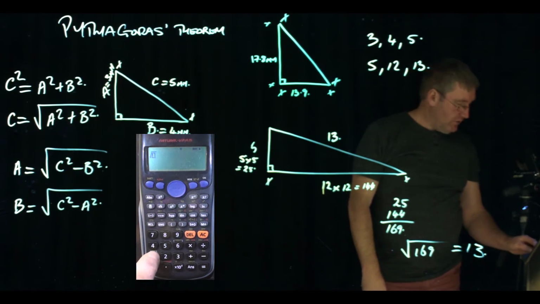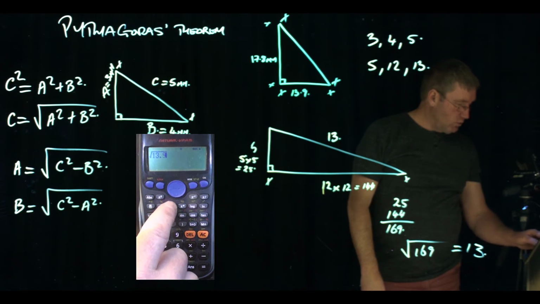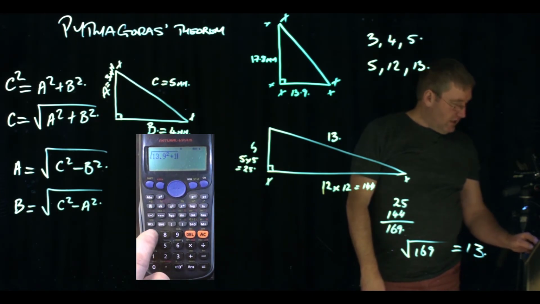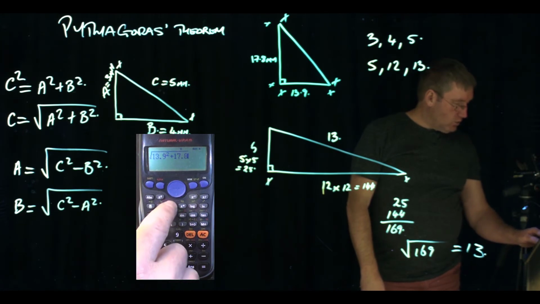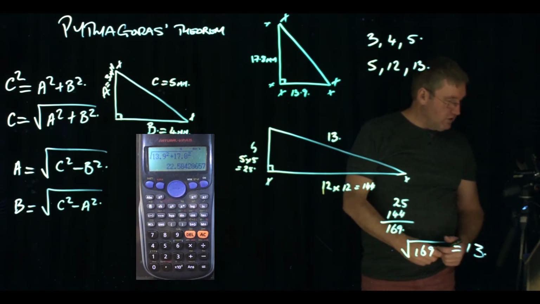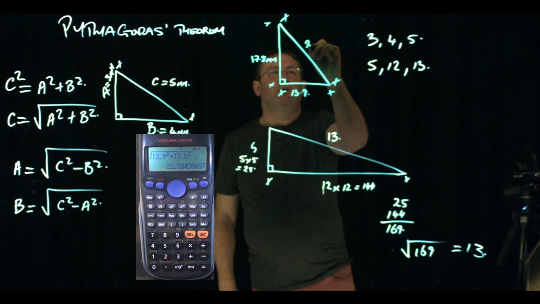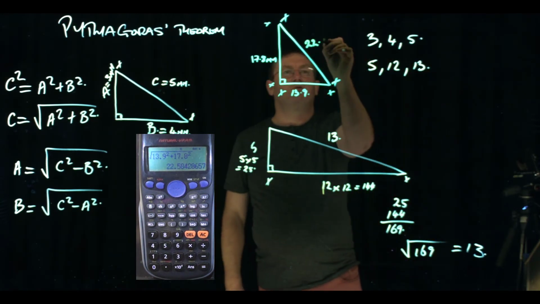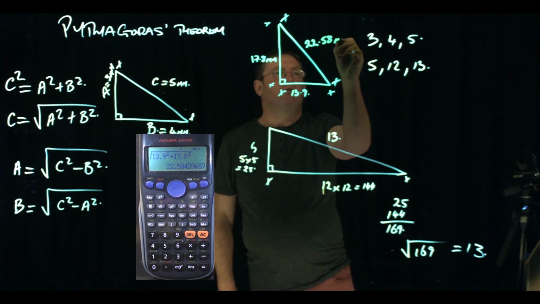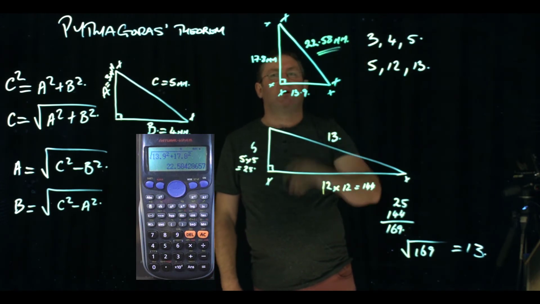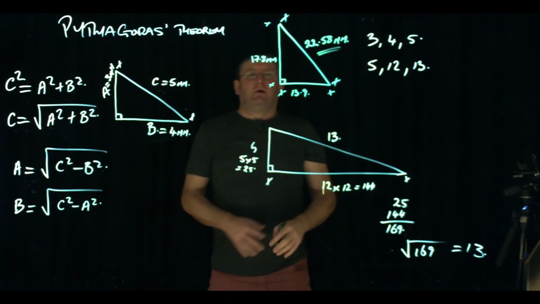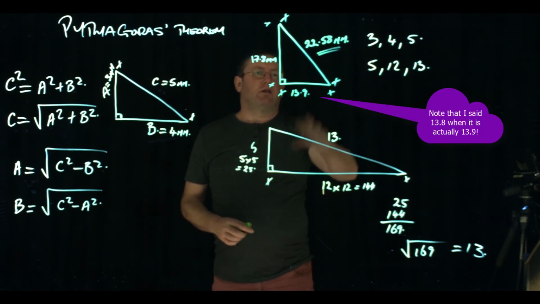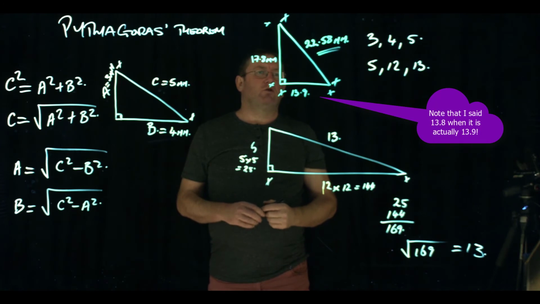I'm going to push 13.9 squared plus 17.8 squared, push the equal sign, and we get 22.58 to 2 decimal places. So that's what it would be in terms of millimeters. Square root of 17.8 squared plus 13.9 squared gives a long length there of 22.58.